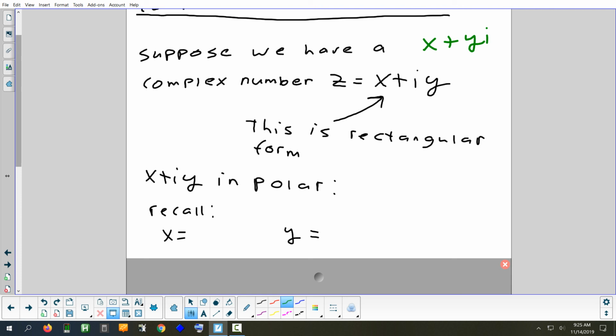Does anybody remember what the formula for x was? R cosine angle. Yep. So there's your formula for x. That's going to get plugged in right there. What about our formula for y? R sine theta.